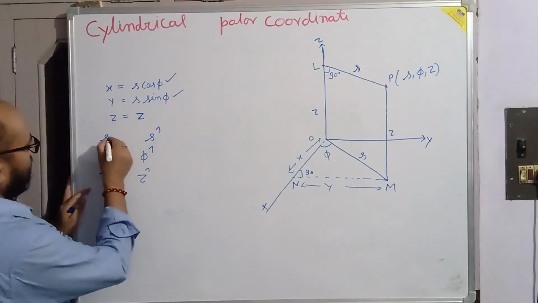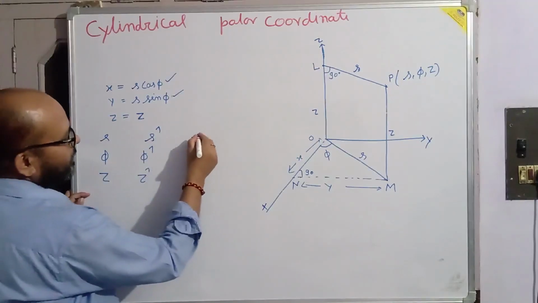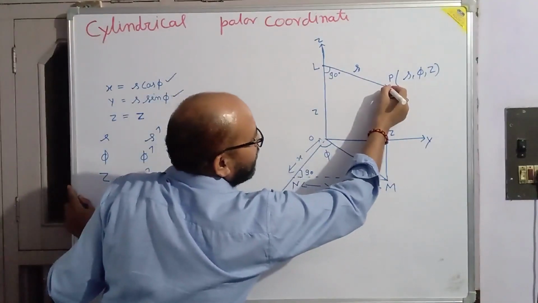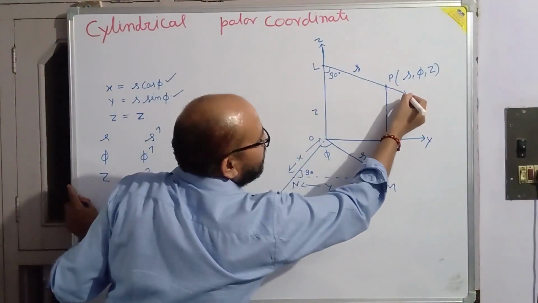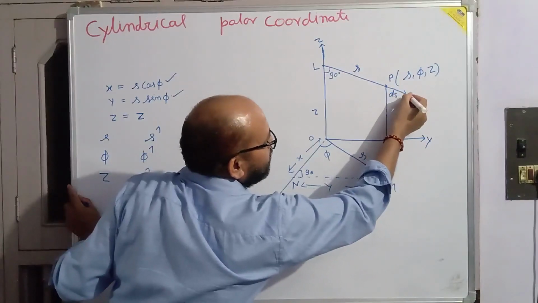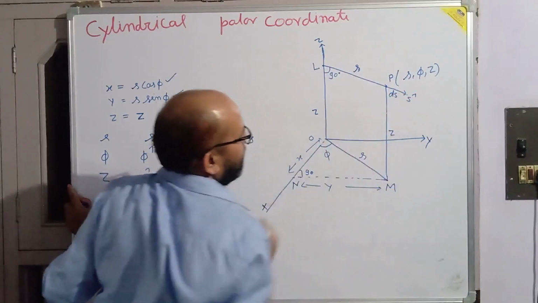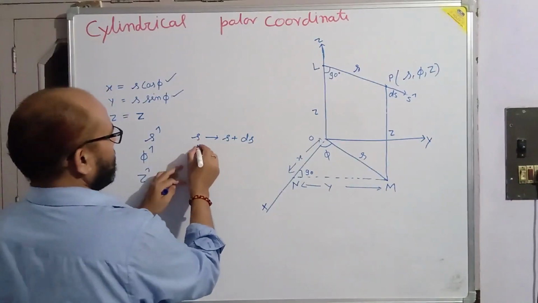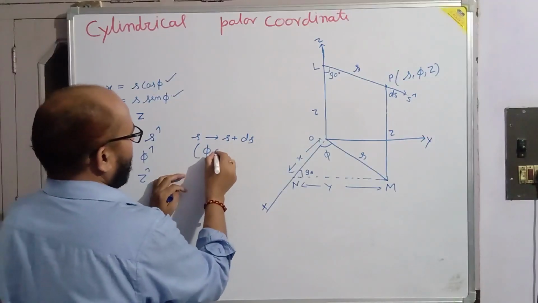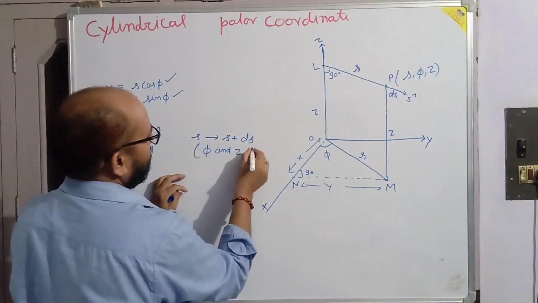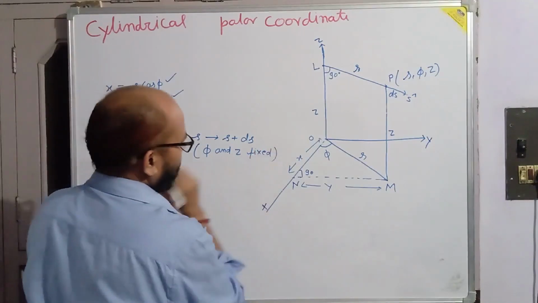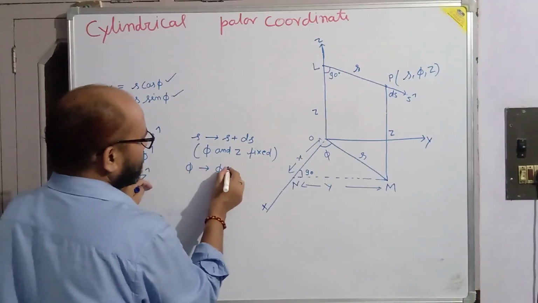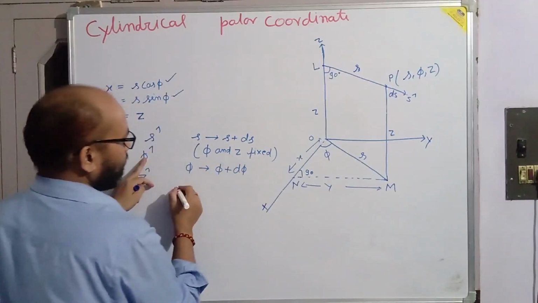Here S changes to S plus dS, and this direction is known as S cap. In this case phi and Z are fixed.